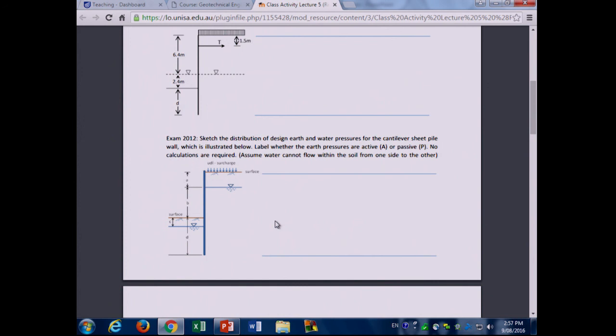What is the point of rotation? What is the distributed load? Vertical stress. Yeah, you're doing it right. Keep going. You're right, but you mixed up the point of rotation.